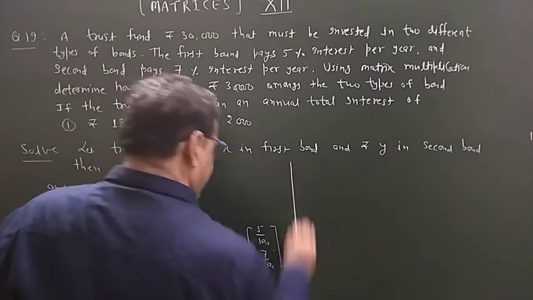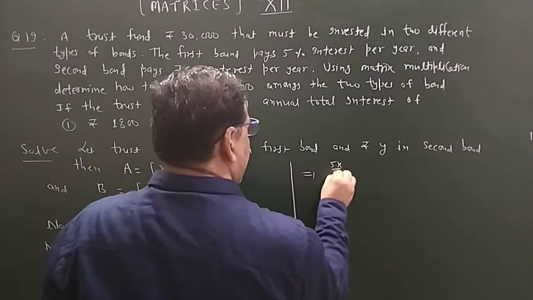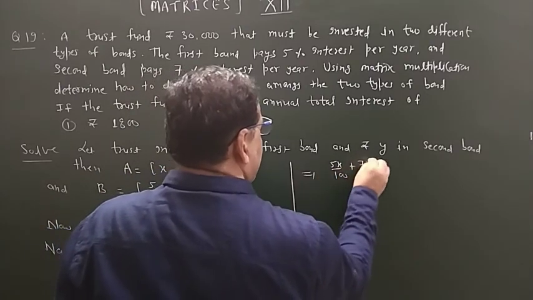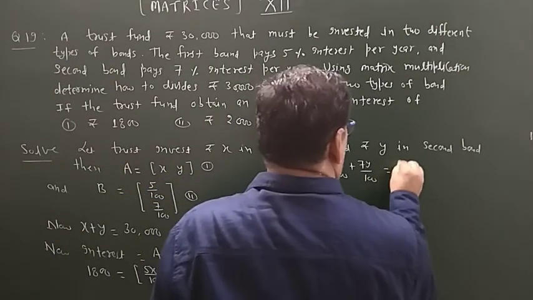So this implies that 5x upon 100 plus 7y upon 100 is equal to 1800.